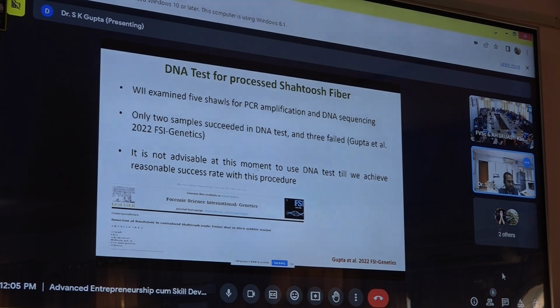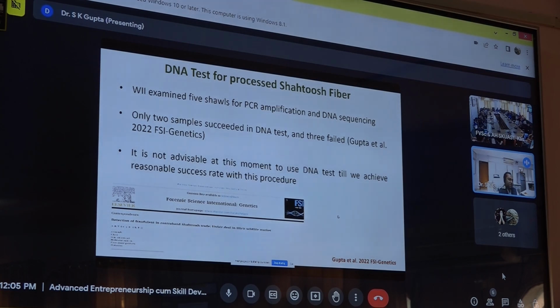Here what you will see is that though all five shawls were positively identified using the light microscope as Shahtoosh guard hair bearing articles, using the DNA test three failed and only two succeeded. Those two that succeeded were identified as Shahtoosh with DNA sequencing, but the remaining three failed with DNA, though they passed with the morphology.